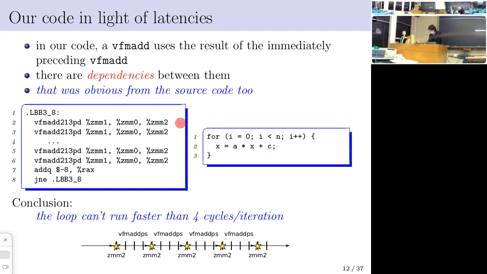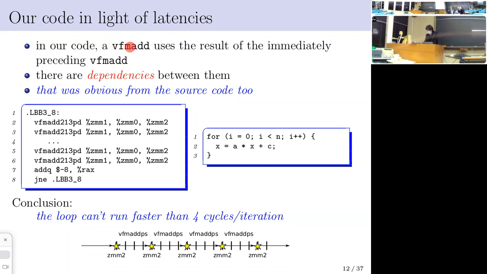So ZMM2 corresponds to this variable X. And in the very next instruction, the value you have just written into ZMM2 is immediately used by the next instruction. Okay, so this is the first observation.